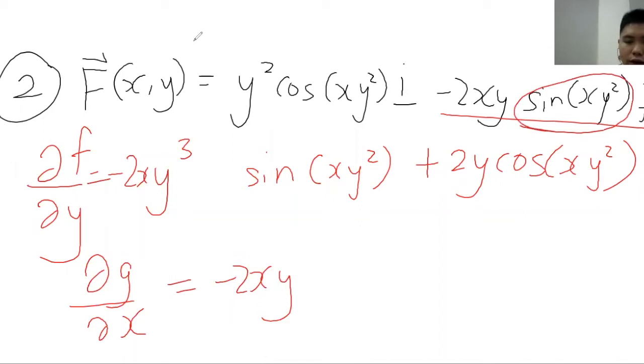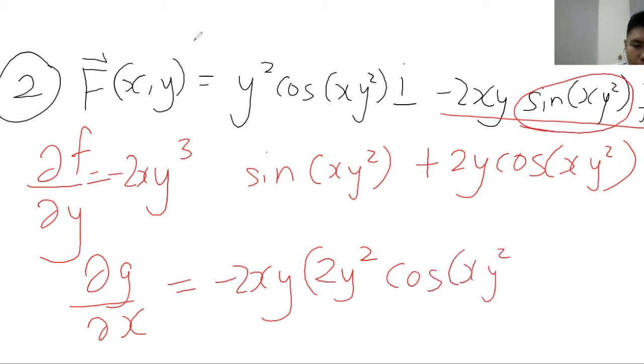Differentiating sine of x y squared, we get, to make it quick, 2y squared, because we multiply by the derivative of the inside, then cos of x y squared. Then we add, copying sine of x y squared and differentiating the opposite, which is negative 2y.